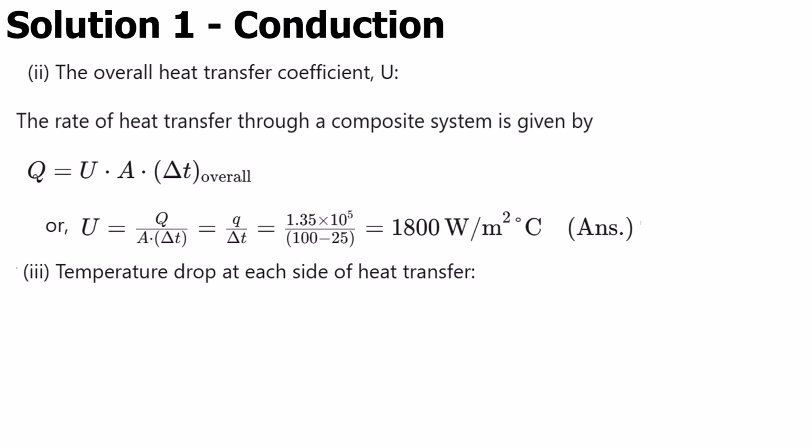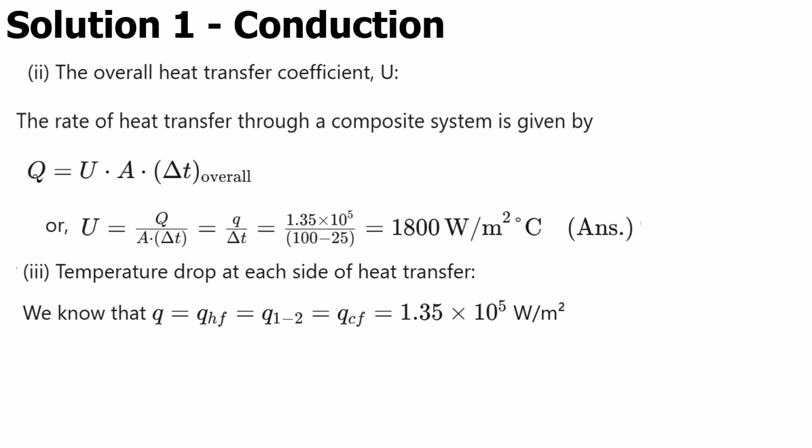Finally, let's calculate the temperature drop at each side of the heat transfer. We know that the rate of heat transfer Q is constant throughout the system, and it is equal to 1.35 times 10 to the power 5 watts per square meter.